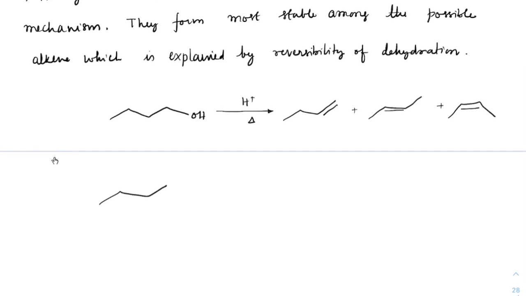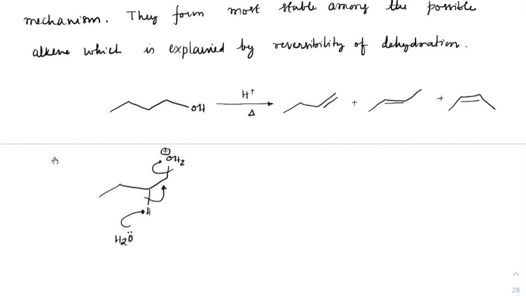Now, when you have this OH2 plus forming, and we have H here, so what would happen? H2O will try to extract this proton, pushing this bond and removing this OH2. When you do that, minus H2O, heat, you would get this double bond here, and H3O plus has been formed.